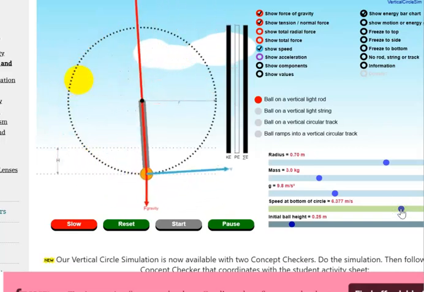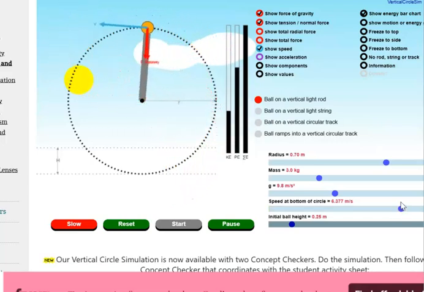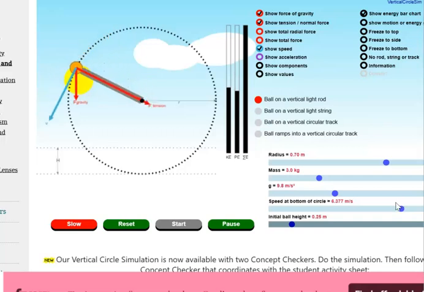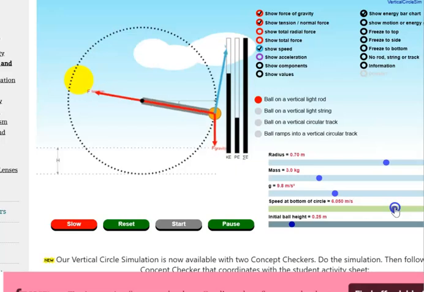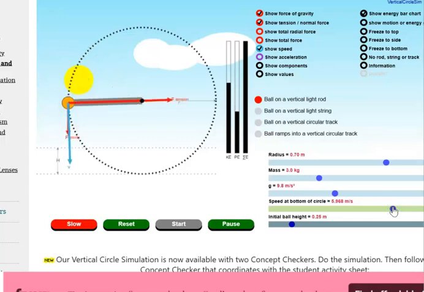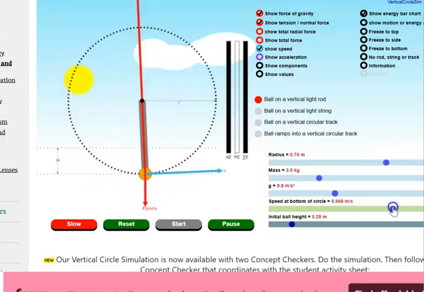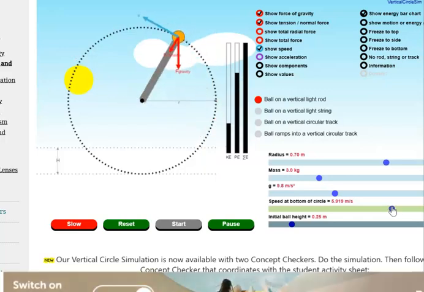Okay, and you can see that working its way around, and there is obviously a speed that will just get it to go over. Now I could probably play around with these numbers a little bit, and I could probably just get it going over.